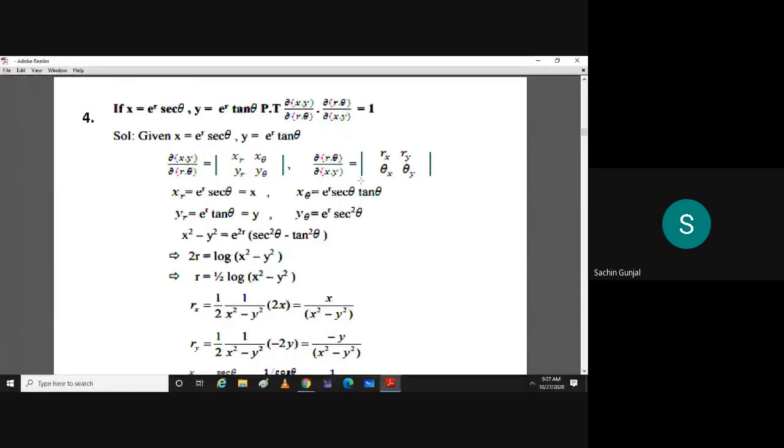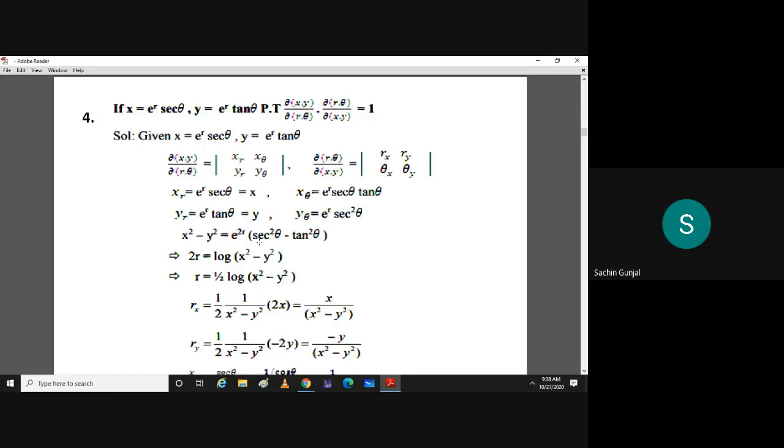Now let us find this Jacobian of r theta with respect to xy. So r with respect to x, then r with respect to y, theta with respect to x and theta with respect to y. So you will have to calculate r as a function of xy, that means eliminate theta. How do you do that? If you do x square minus y square, x square minus y square is e raised to 2r into sec square theta minus tan square theta, which is 1, since sec square theta minus tan square theta is 1.